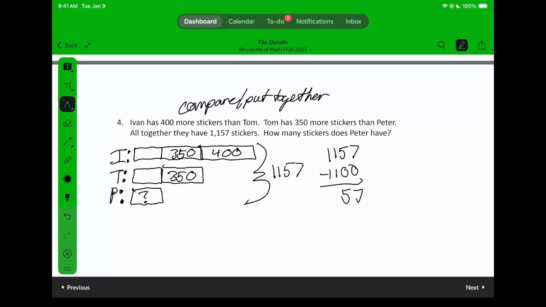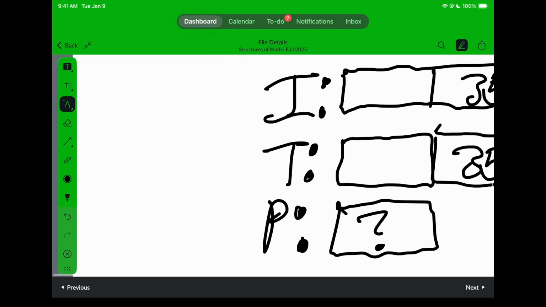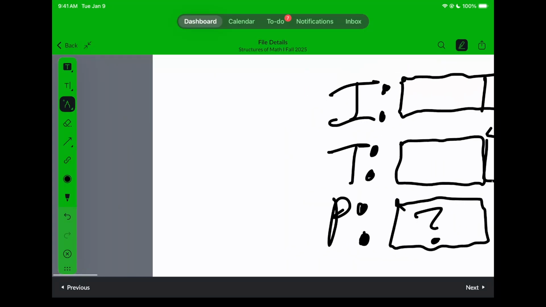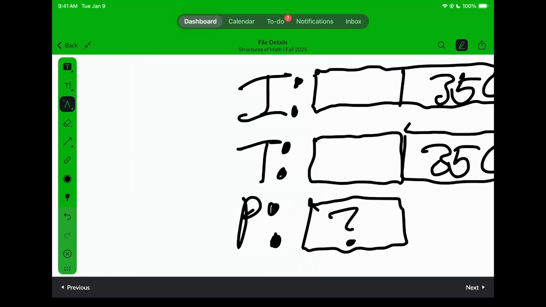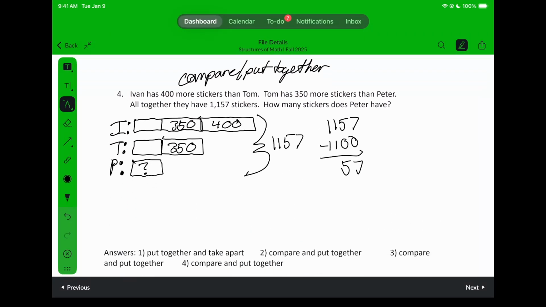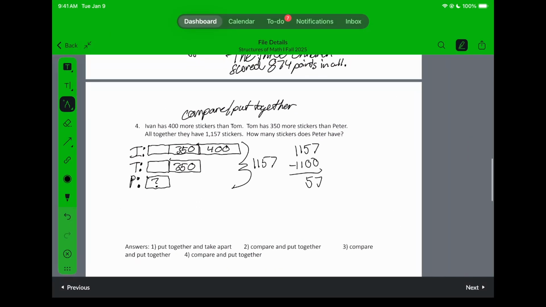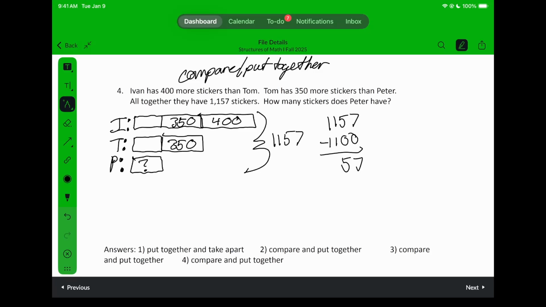Now from here, 57 is the total of all three of these boxes that, might I remind you, are the same size. Now what do we do? Well, this was mainly addition and subtraction, but we got to sneak a little division in here. We got to do 57 divided by 3.